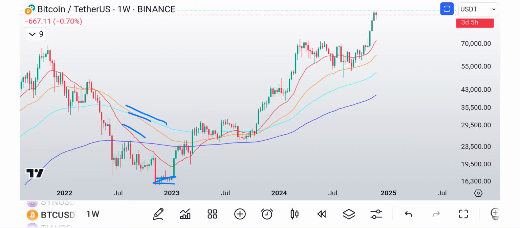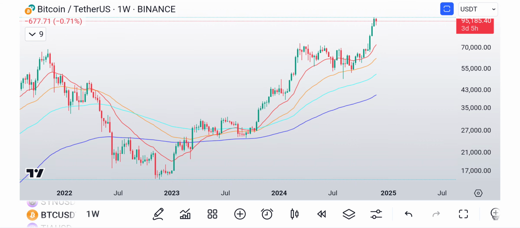And by the way, I'm not a big moving average guy. I hardly ever use them, unless we're looking at the macro, the overall cycle. And in this case, we are. I should use them more, but moving averages are more of a lagging indicator. I like more leading indicators, but they work very well.